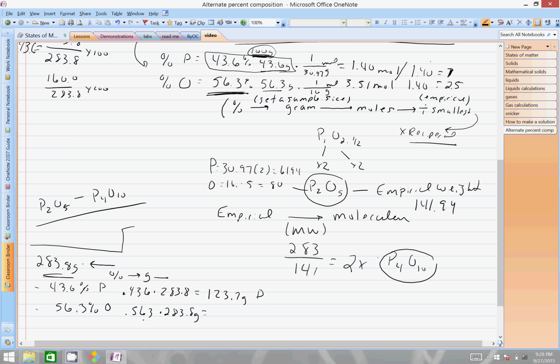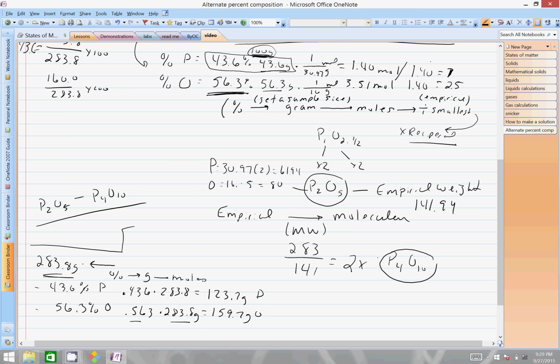Keep in mind that's a percent by mass, and that's a mass. 283.8 times 0.563 equals 159.7 grams of the oxygen. Alright, let's do the next step, convert to moles.